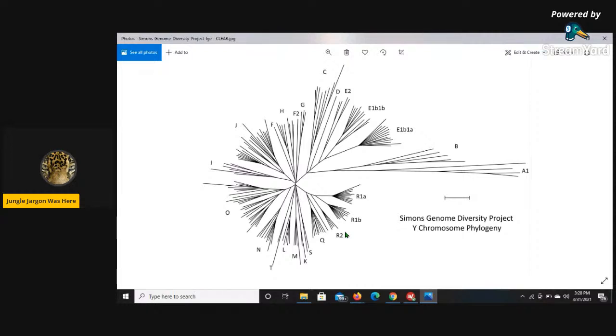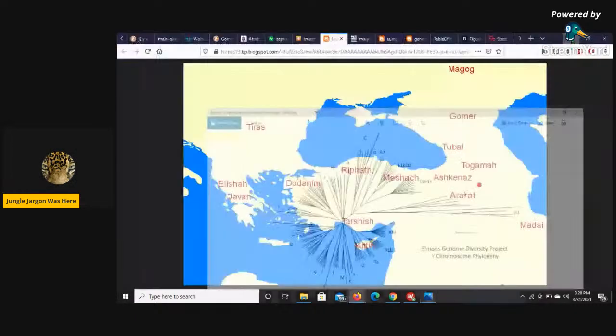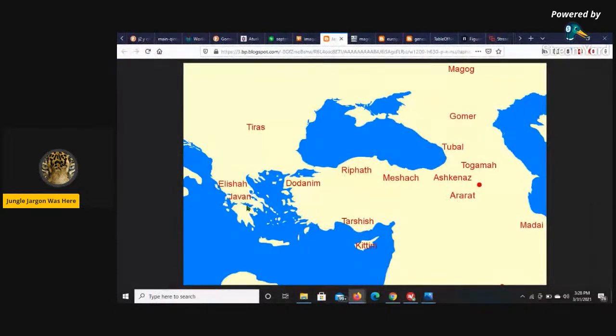The reason why I'm suggesting this is because the K and S are the same family tree originally, way back and broke off from the beginning, which seems to be the case, then that would mean that both Tiras and Javan are extinct Neanderthals in Europe, because they're the first ones to go to Europe.